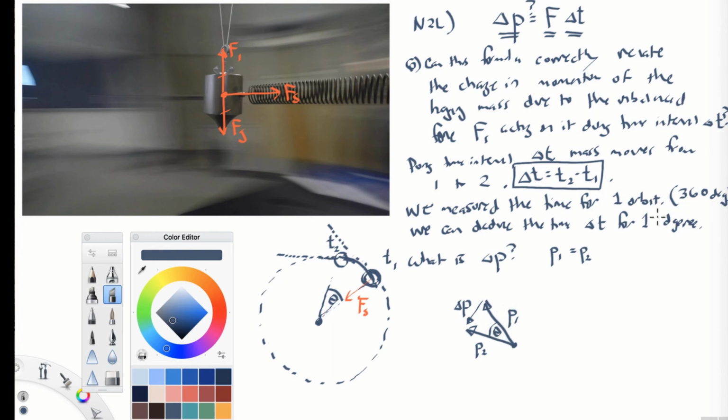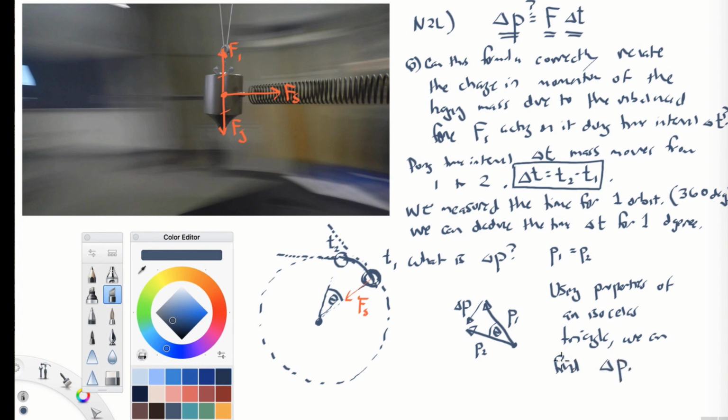And if we know that to be 1 degree, and we know that these 2 sides of this triangle have the exact same length, because after all, this isn't speeding up or slowing down, then we can find out what delta P is. So using the properties of an isosceles triangle, we can find the change in momentum, delta P.